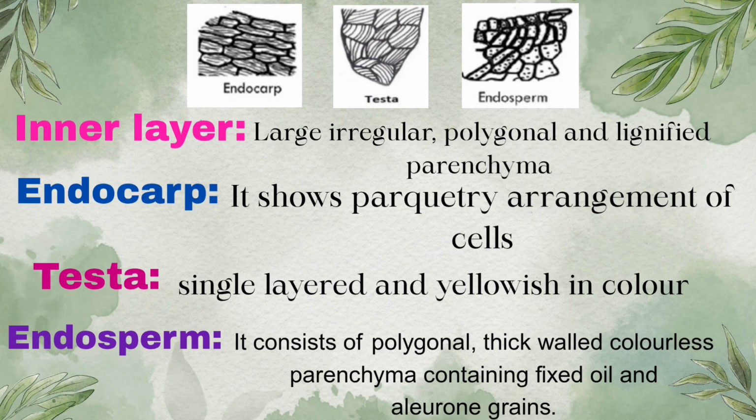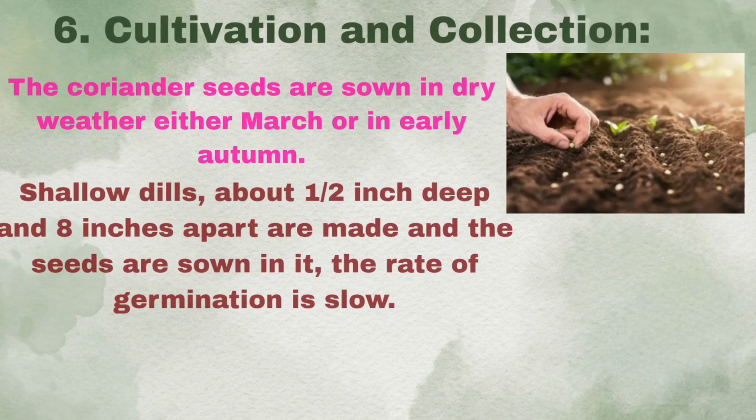Endocarp, it shows parquetry arrangement of cells. Testa, single layered and yellowish in color. And endosperm, it consists of polygonal, thick-walled colorless parenchyma containing fixed oil and aleurone grains.